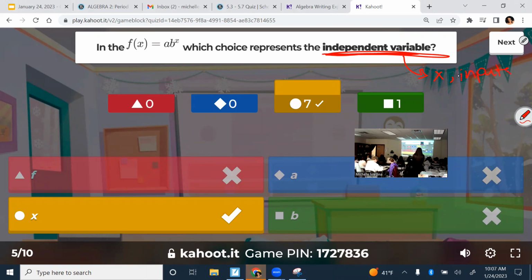Inputs, what else? We also say that it's usually time of some sort. All of those are independent. So the x, the inputs, whatever is talking about time or number of something, that's your independent variable. Questions?